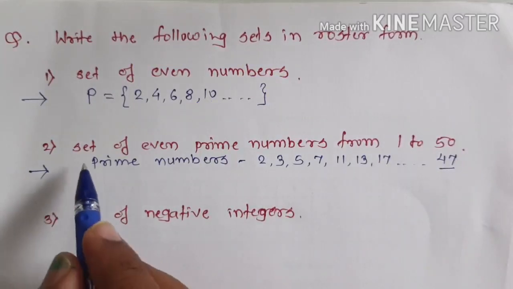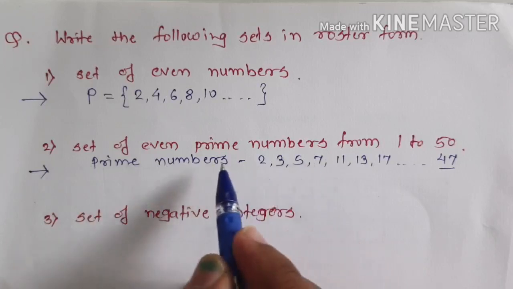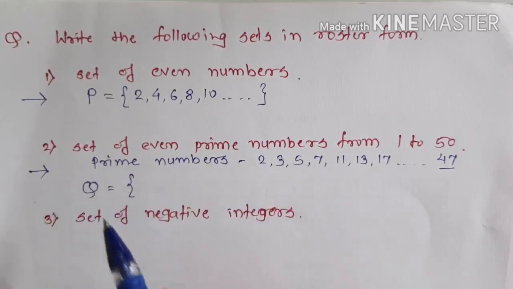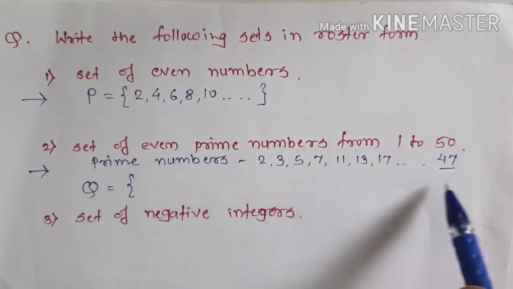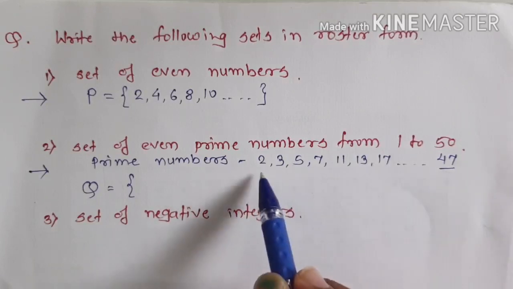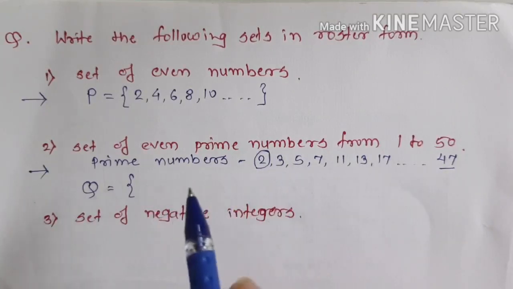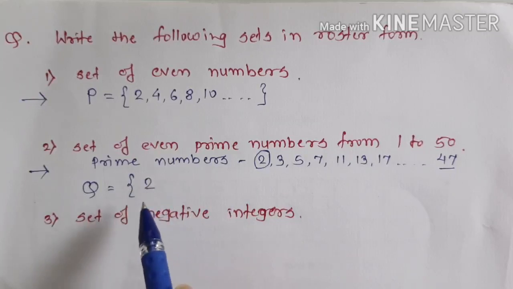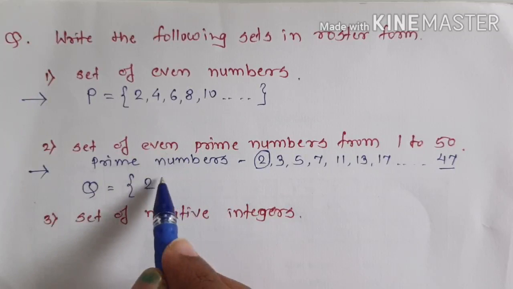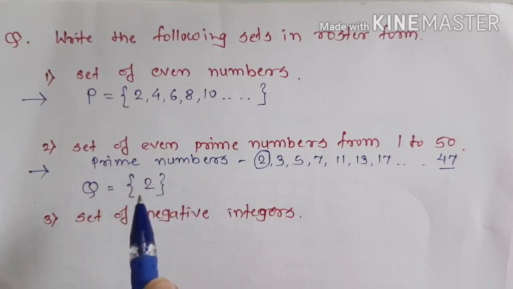Now we want a set of even prime numbers. So again we have to name that set. Let the name of the set be Q. As we observe here, the only even number among all these prime numbers is 2. So in this set we have only 2 as an element, as we want even prime numbers, and the curly bracket is complete. So 2 is the only element in this set.